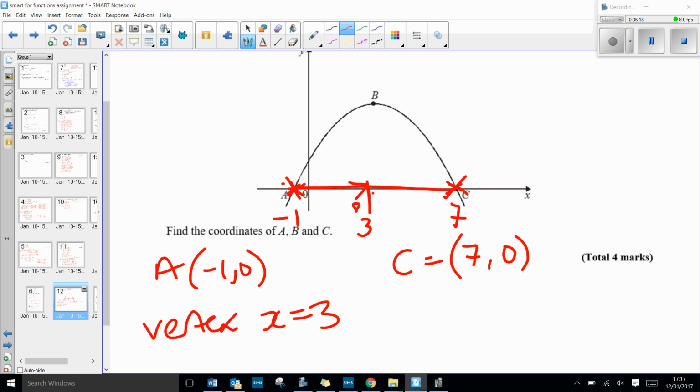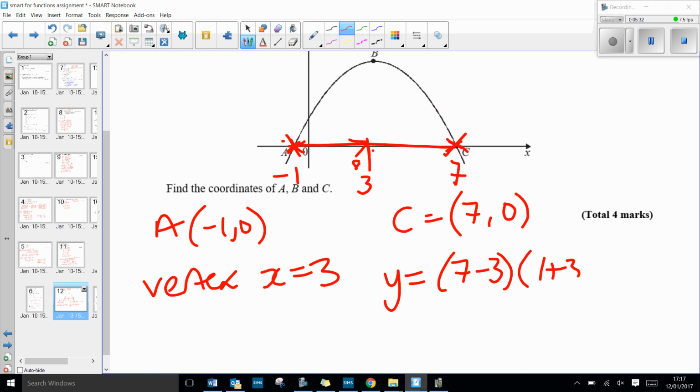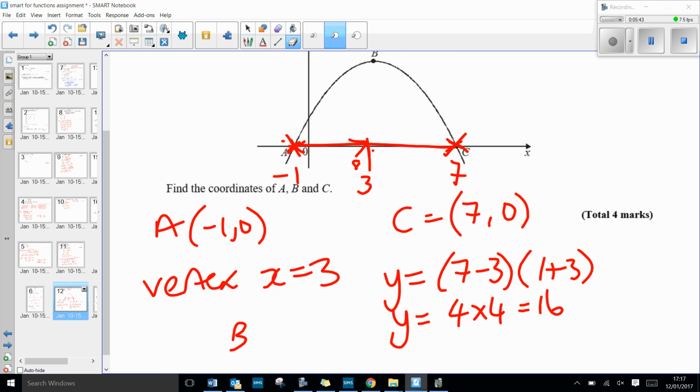Substitute that into the equation up above to find out what y is. So 16, so it's the coordinate 3, 16.